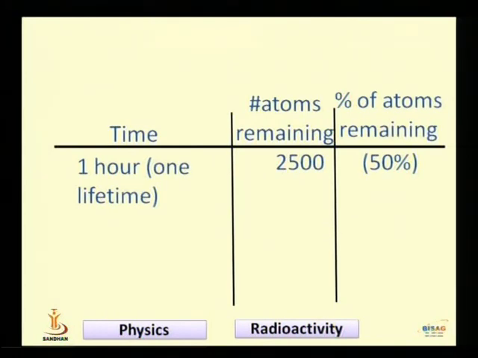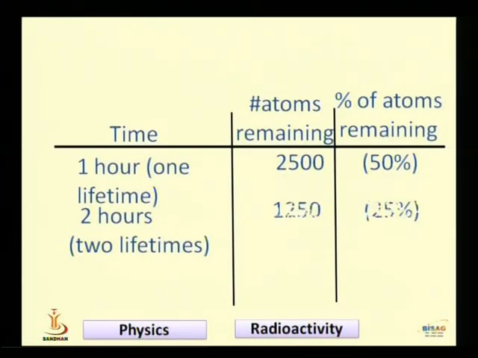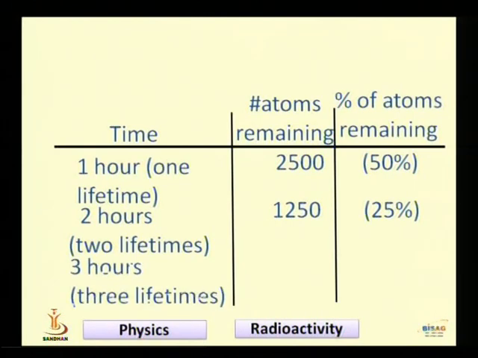So 50% remains. After one more half-life, it means after 2 hours, you can see in the table that 1250 atoms will be the radionuclide, only 25% remaining. After 3 half-lives, 625 atoms are the radionuclide. In this way, with each half-life, half of the atoms decay and give us new atoms or new molecules.